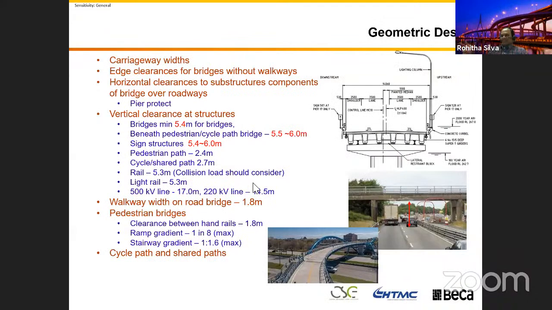Another thing, geometric design is very important, because without geometric design, you can't get your bridge dimensions. I think we discussed this in session one, so I'm not going to spend so much time here. The one thing I want to emphasize is in the picture in the middle: without enough vertical clearance, you could see that accident happen.